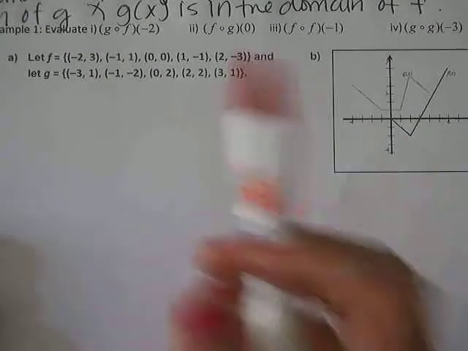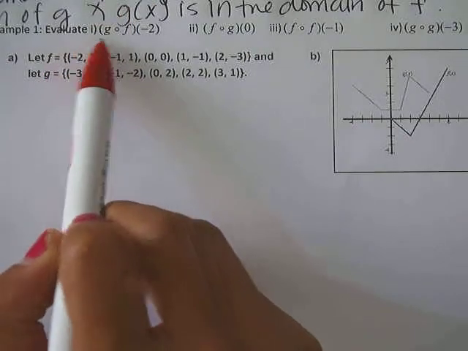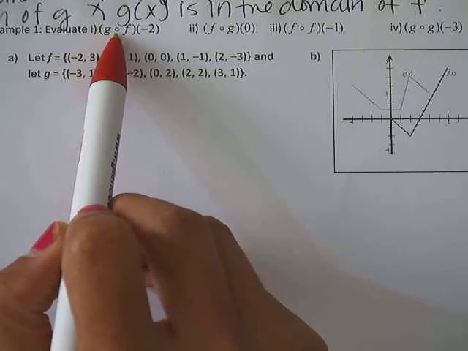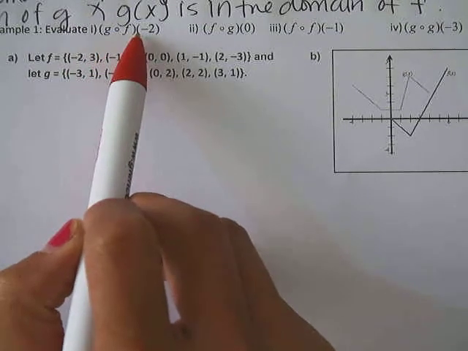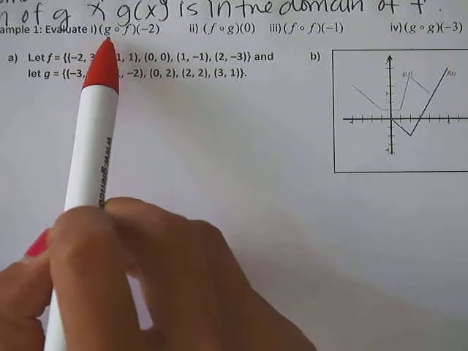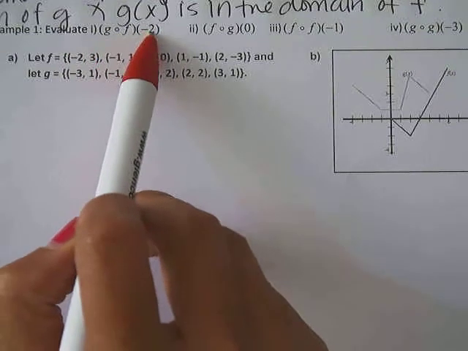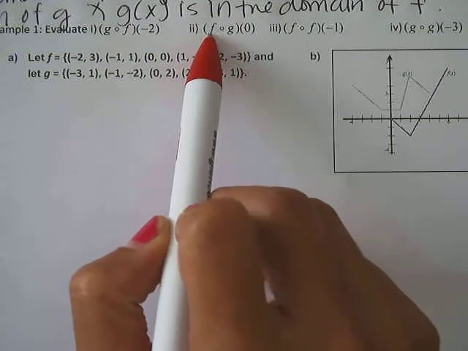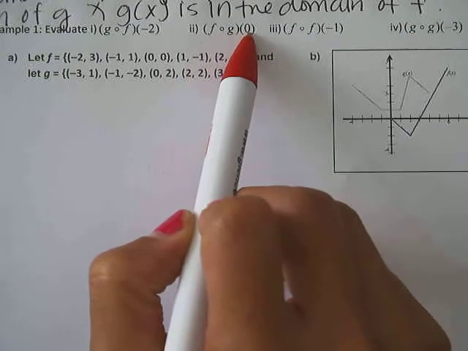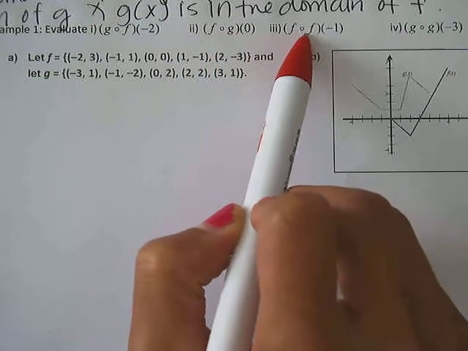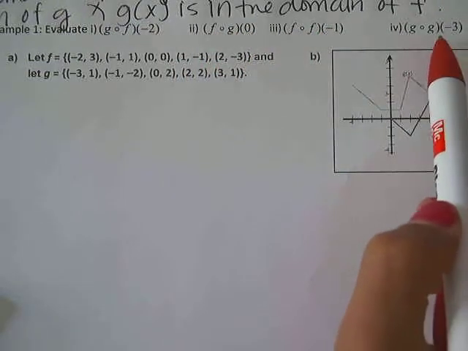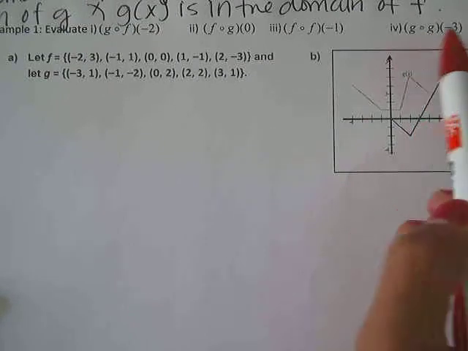Evaluate: 1i, f of g of f of negative 2, or g composed with f of negative 2. 2i, f composed with g of 0. 3i, f composed with itself of negative 1. And 4i, g composed with itself of negative 3.